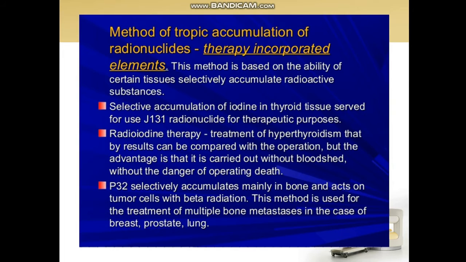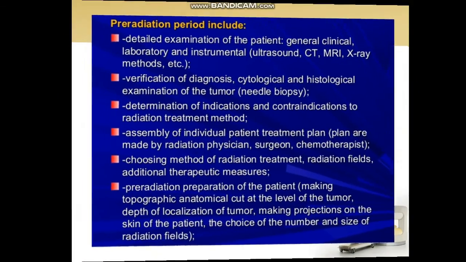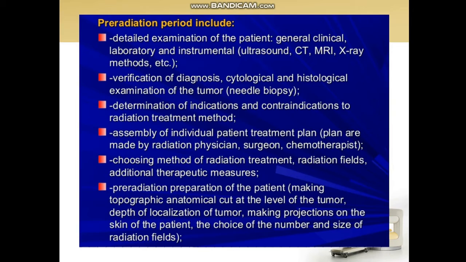This method is used for the treatment of multiple bone metastases in breast, prostate, and lung cancer. So we have been informed about applications, principles, and key points of radiotherapy.